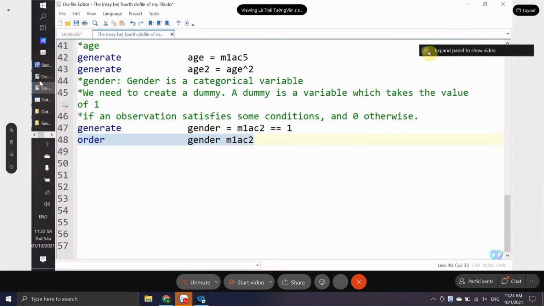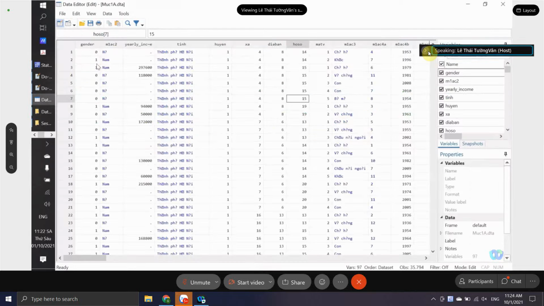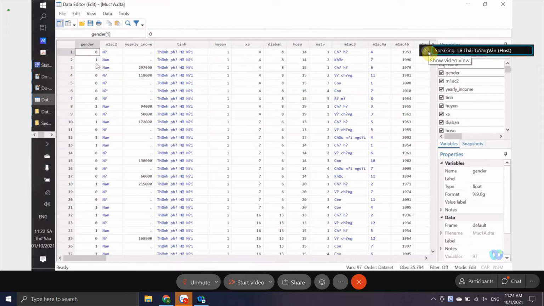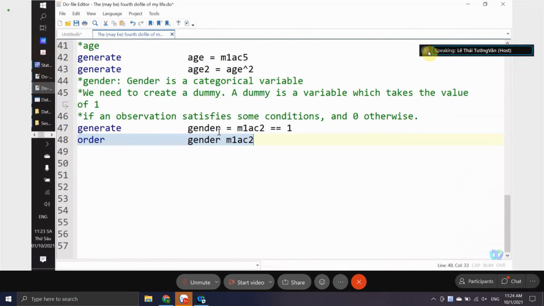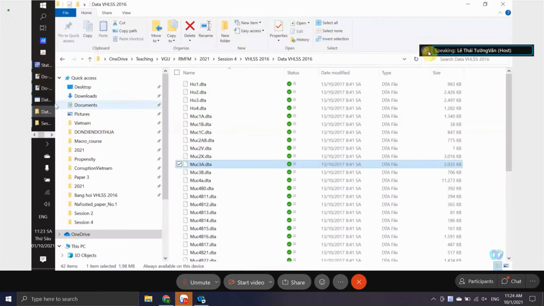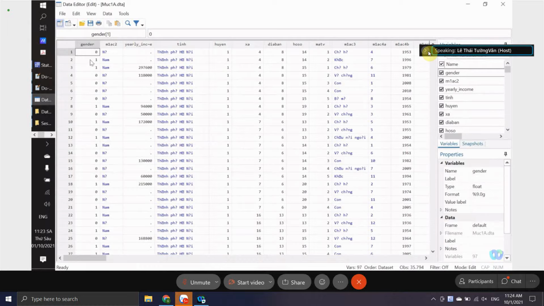If you type order, we open the do file editor, you will see the variable was created with the command: give the variable gender the value of 1 if the variable m1ac2 is equal to 1. So whenever a person is male, gender takes the value of 1.